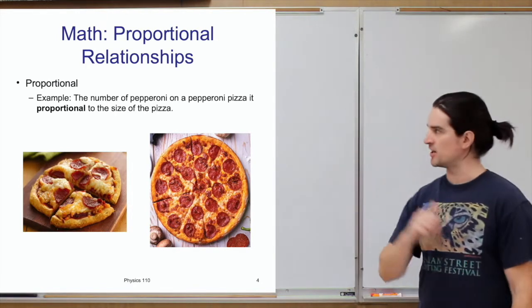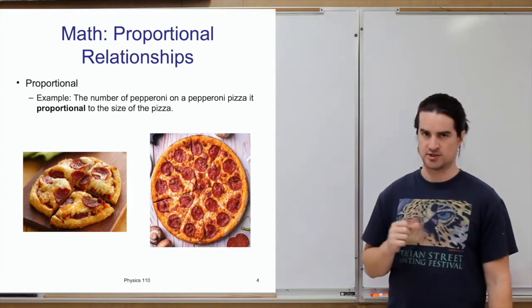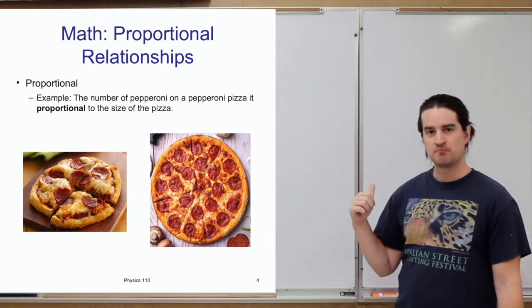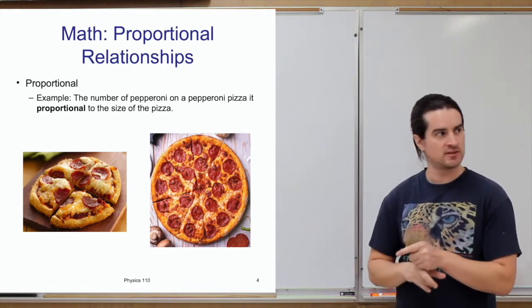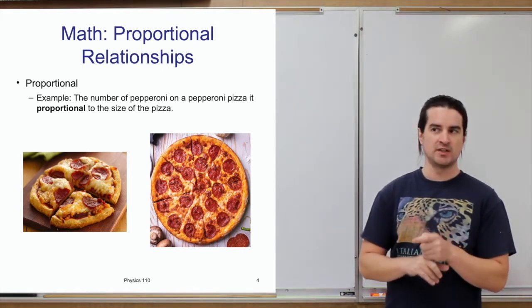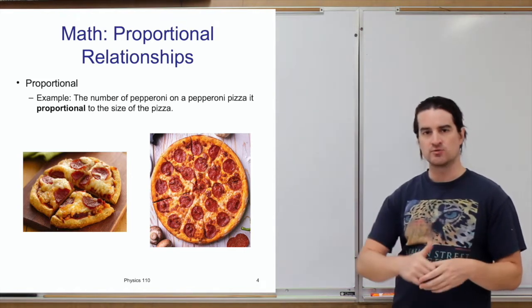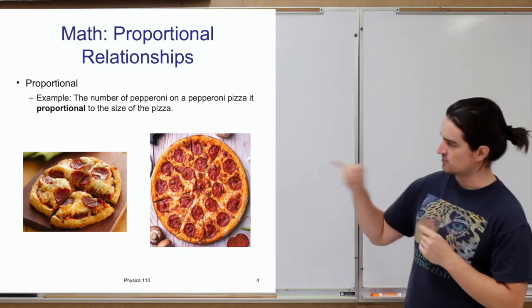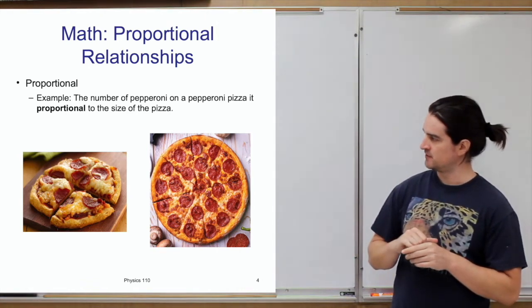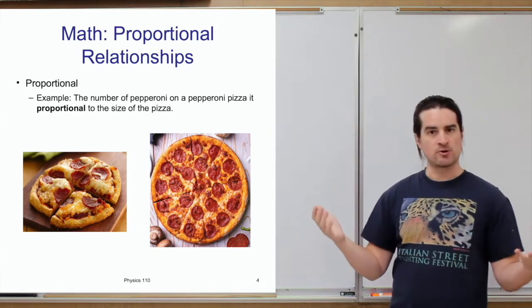Okay, so how about an example of a proportional relationship? One example might be that the number of pepperonis you're going to have on a pepperoni pizza is proportional to the size of the pizza. With a very small pizza, like the one on the left, you only get a few pepperonis on it.